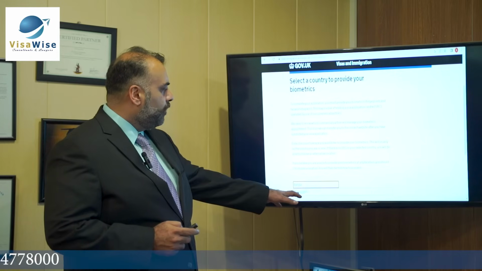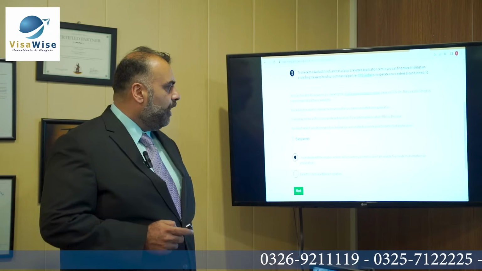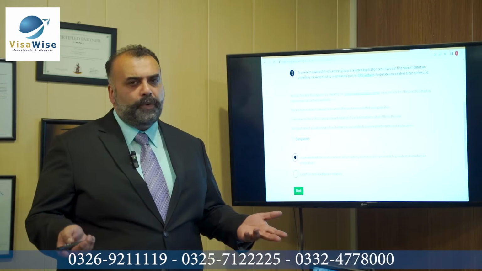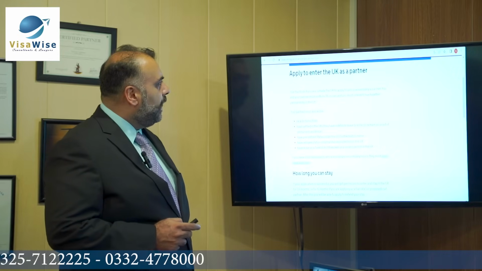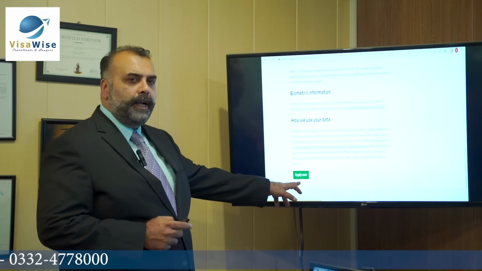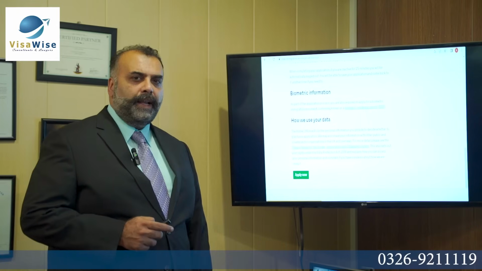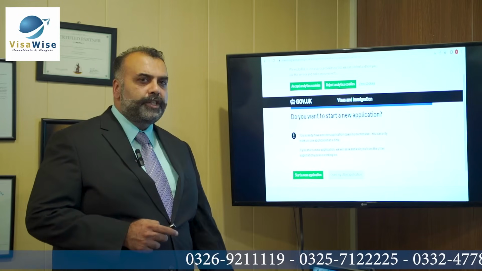Once you give your country of nationality or residence, you identify the location where you have to take your biometrics, in a particular city of your country of residence or nationality. Then you click on the button asking you to apply now. You apply by starting a new application.